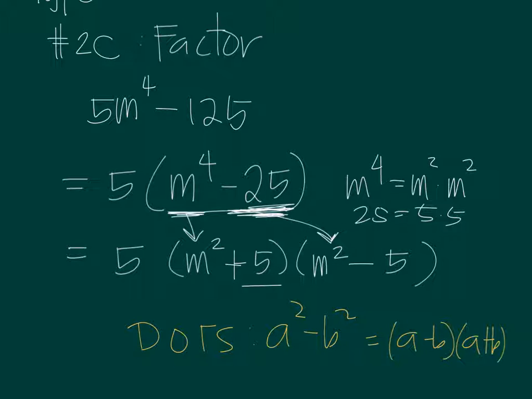If you look at each binomial factor, you cannot factor anything anymore, so that means they are already in simplest form. So the factored form of 5m to the 4th minus 125 is 5 times m squared plus 5 times m squared minus 5.